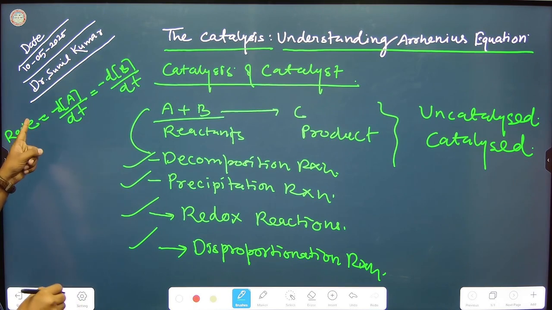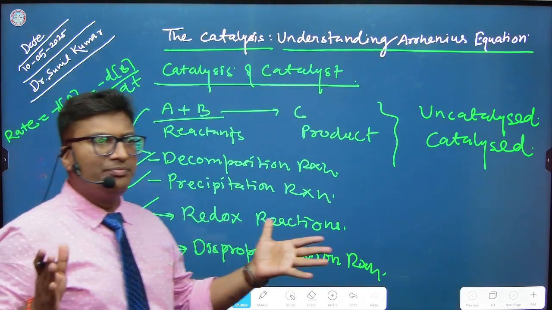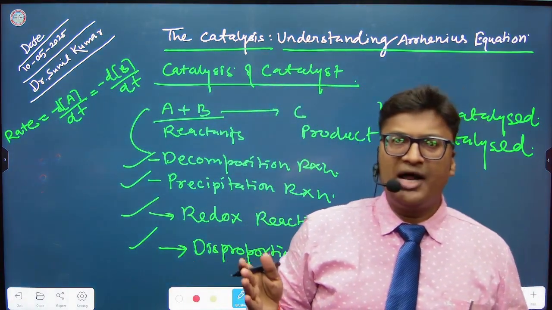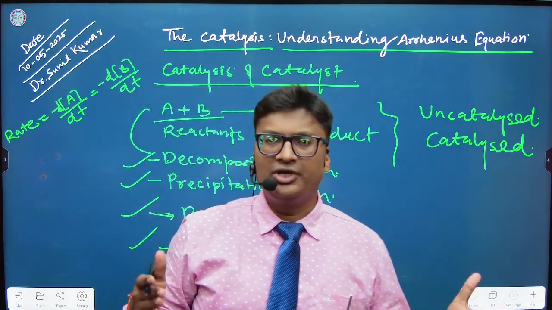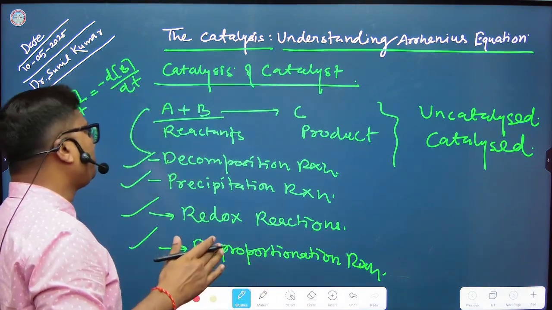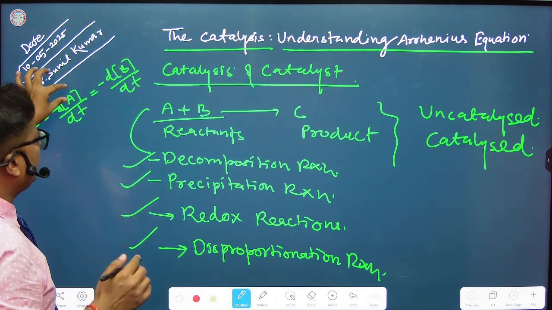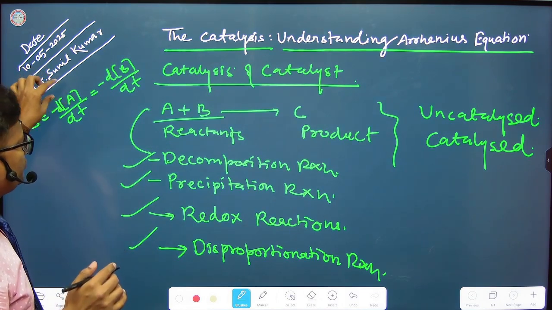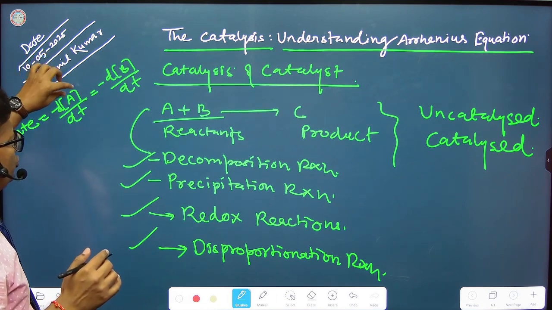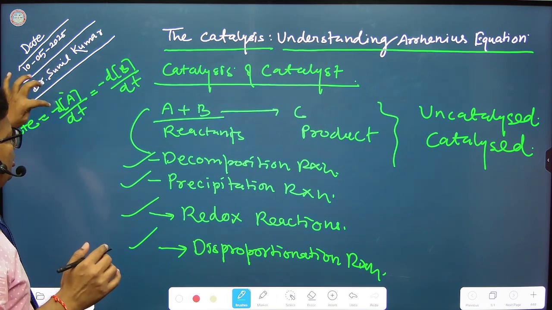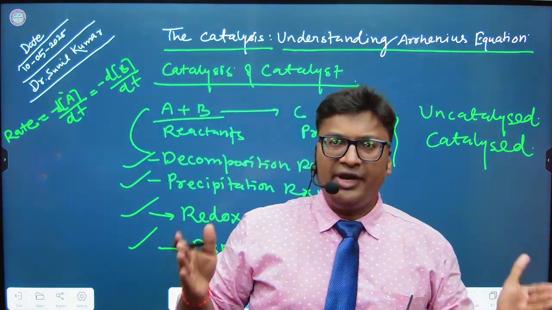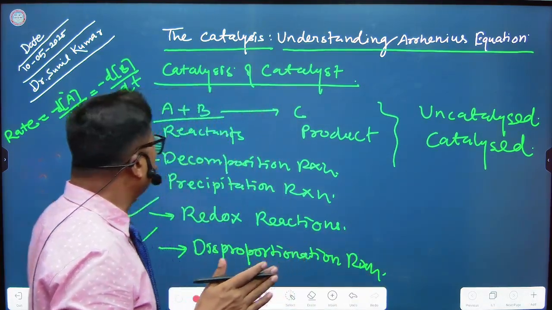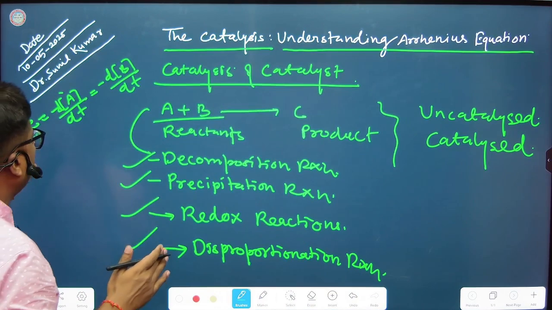Here the minus sign indicates that after the passage of time, the concentration of the reactant molecules decreases and hence the concentration of the product molecule increases. So if there is a decrease in the concentration of A, it means dA is negative, and negative times negative is positive, and hence the rate will be positive. So to maintain the positive rate, we have to express this.